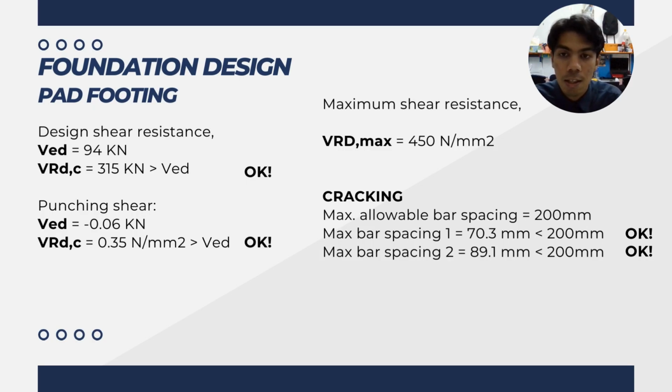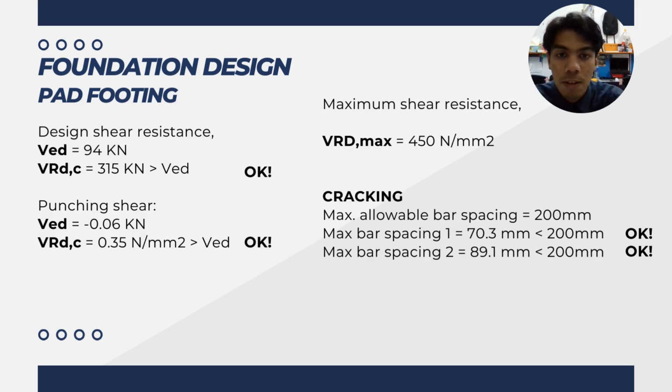For design shear resistance, VED is 94 kN and VRDC is 350 kN. VRDC is bigger than VED, is okay. For punching shear, VED is negative 0.06 N/mm² and VRDC is 0.35 N/mm², is okay.